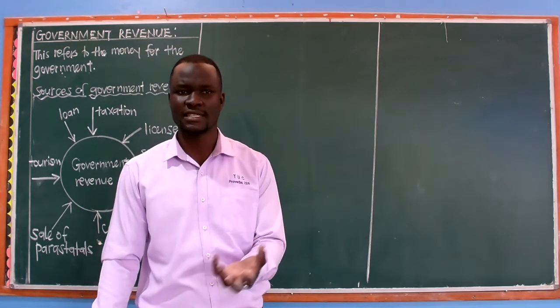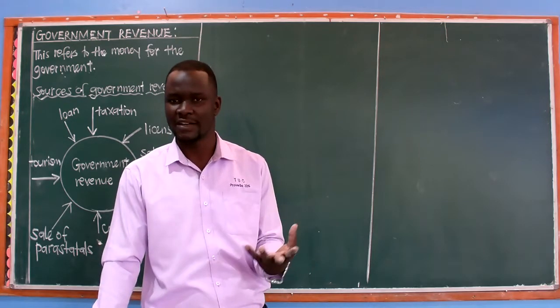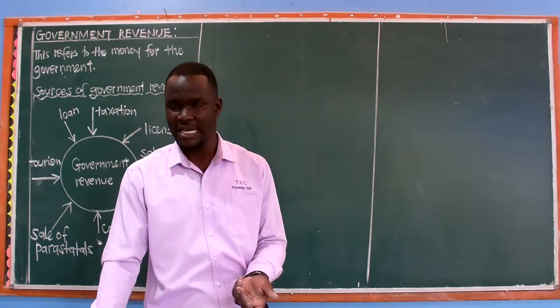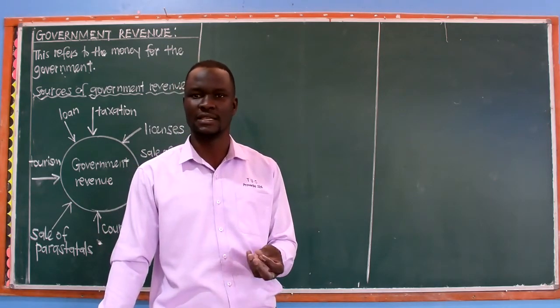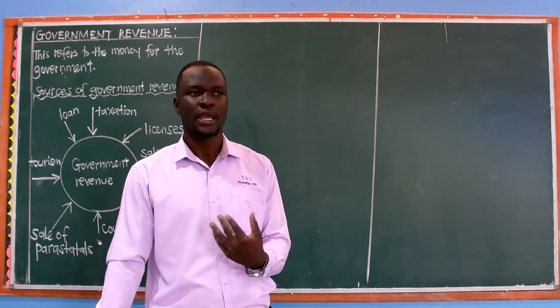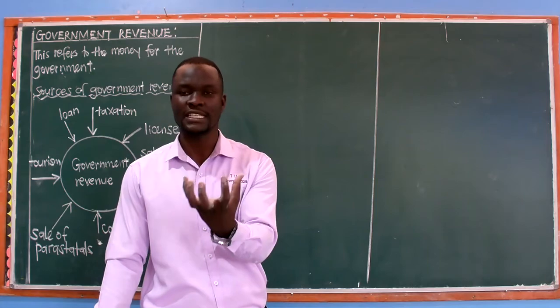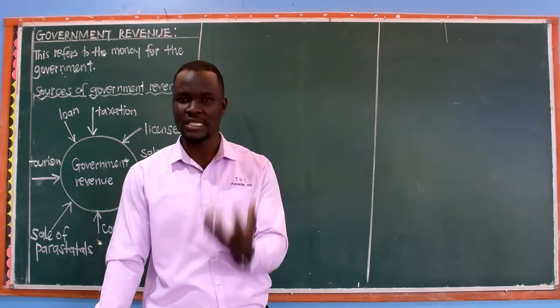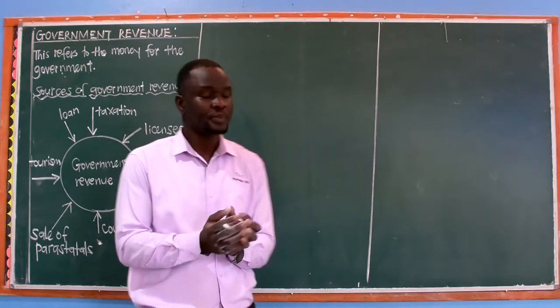So Uganda can get a loan from a country or from an international organization which gives loans, like the IMF, the International Monetary Fund. Then the money is received, and the government begins using it as part of the revenue.